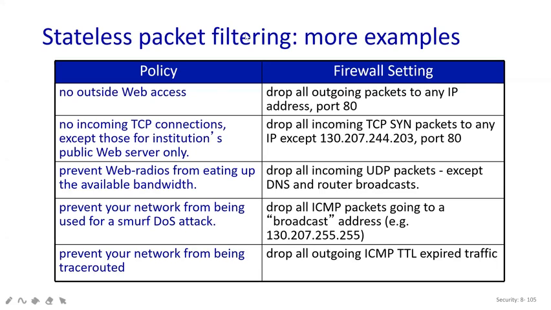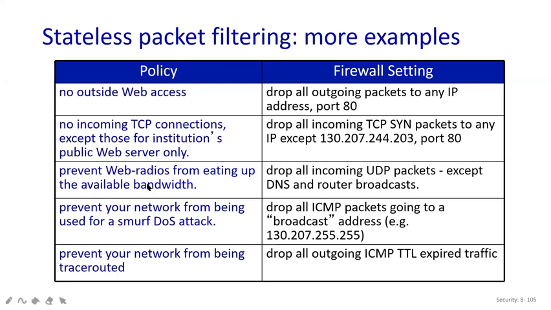The next policy: there will be no incoming TCP connections except those for the institution's public web server only. So the institution will have the public web server, and for everything else we have to drop all the incoming TCP synchronization packets to any IP address other than this IP address and port number, because we have already used that for the web access.